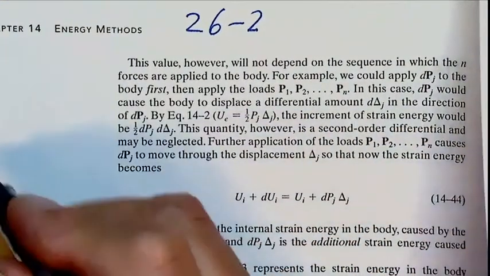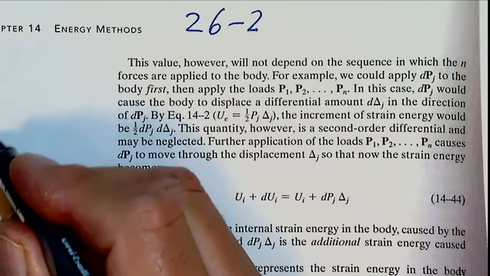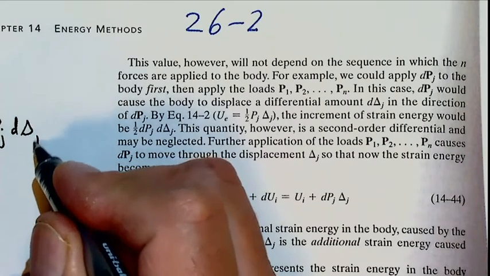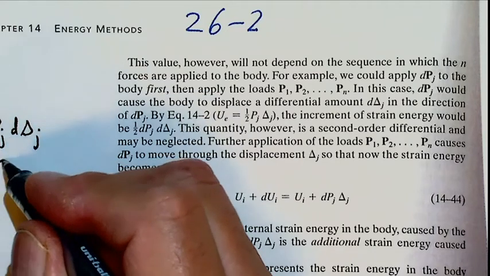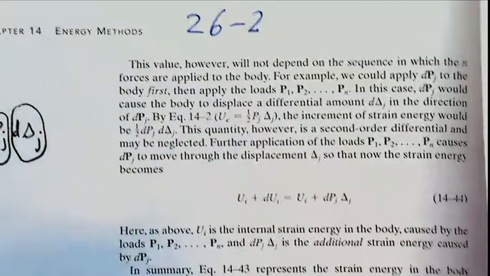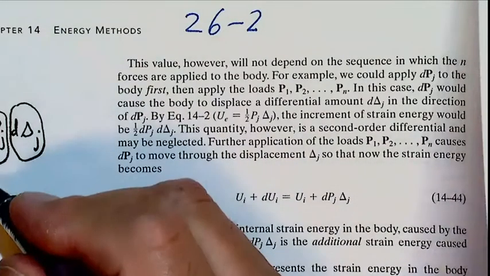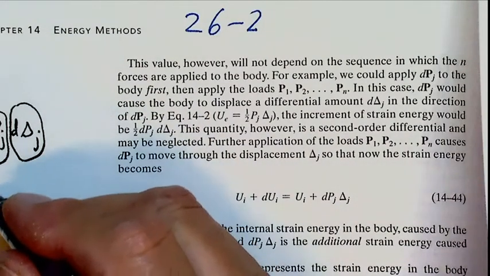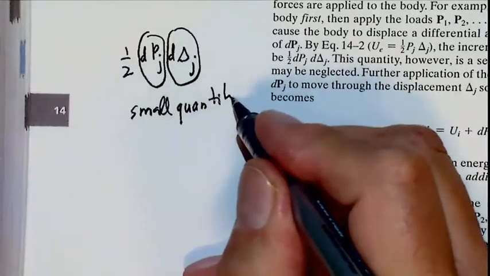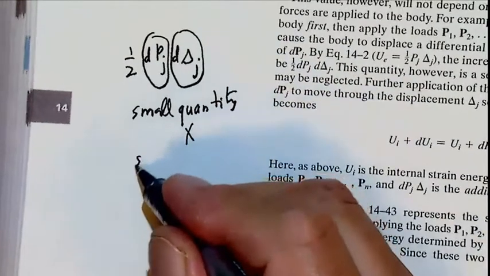Why? Because 1/2 dP sub j d delta j. So that is this with d differential, and that is also d delta j. So small quantity times small quantity. So that is small quantity times small quantity.